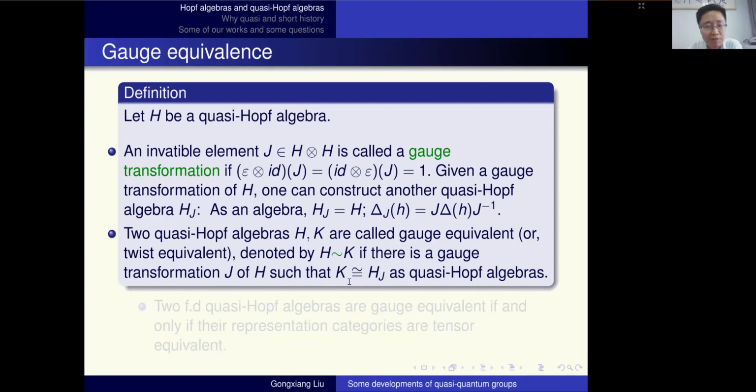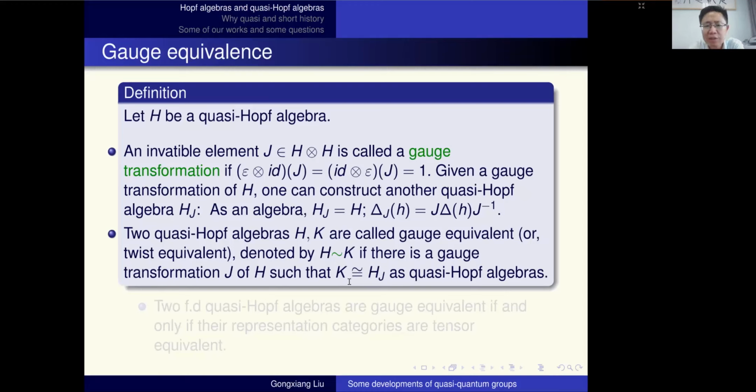This concept is very important for the quasi-Hopf algebra. Actually, if you read Drinfeld's paper, Drinfeld says that the gauge transformation can simplify the study of quasi-Hopf algebras.